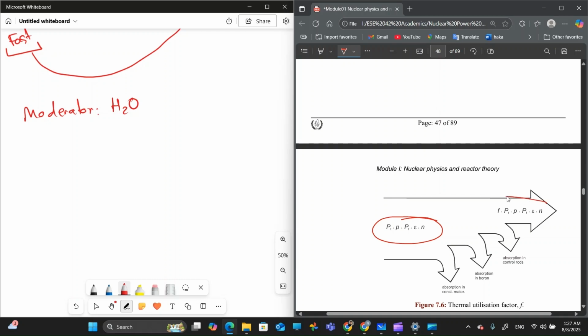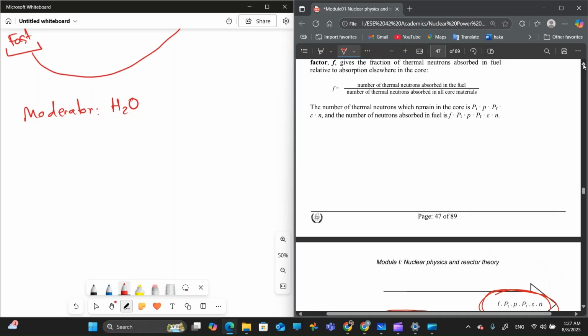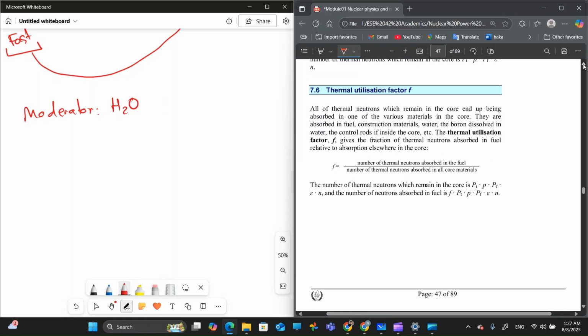So only this part is absorbed by the fuel. So this ratio is called thermal utilization factor. So the portion of the neutrons that is actually utilized by the fuel.